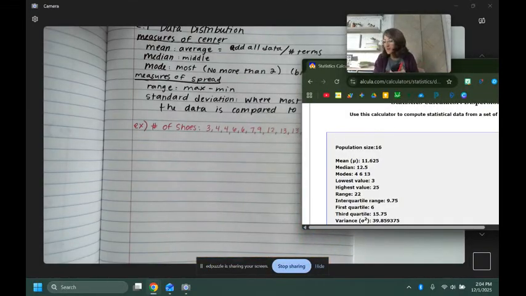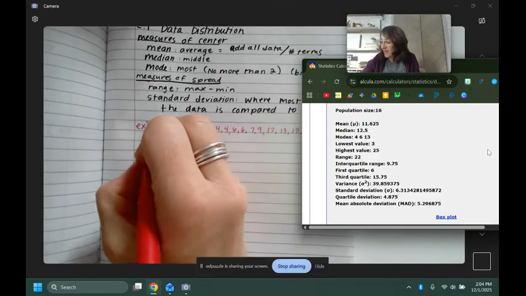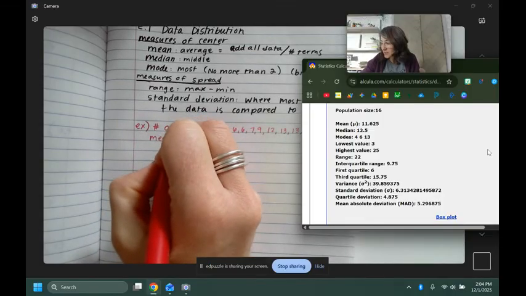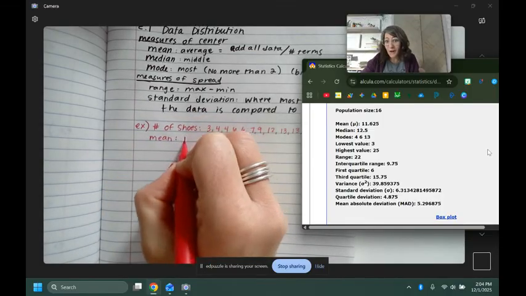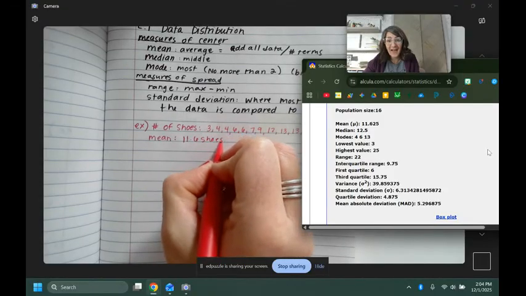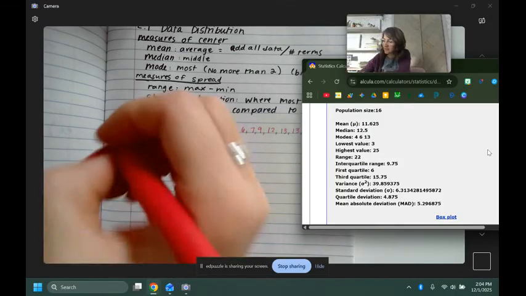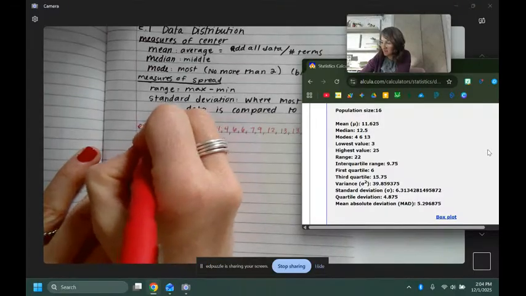All right. So your population size, I asked 16 people. Your mean, so the average person that I asked has around 11.6 shoes. Sometimes I use x with a bar above it.